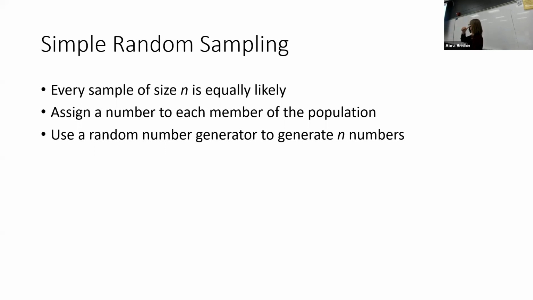Simple random sampling isn't the only way to get a good sample, it's not the only option besides convenient sampling. But it is the most straightforward, good sampling method that you can use, and it results in all of your observations being independent.